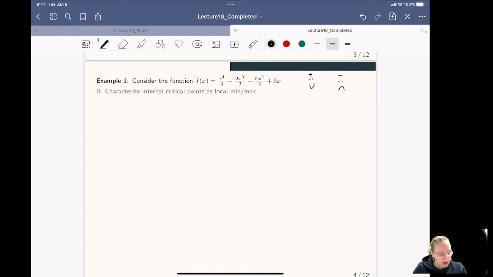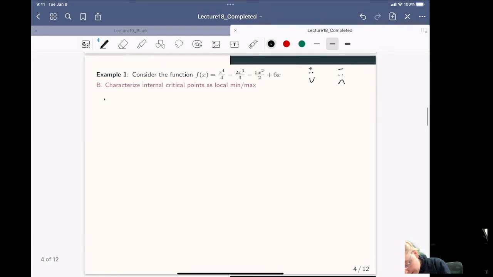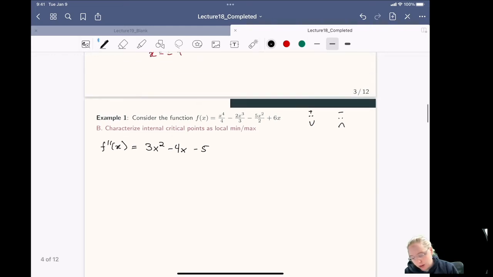In order to do this, we need to find the second derivative. If you want to pause the video for a second and work out what the second derivative is, that would be great. Otherwise, we have that f double prime of x is equal to this quadratic equation, 3x squared minus 4x minus 5.